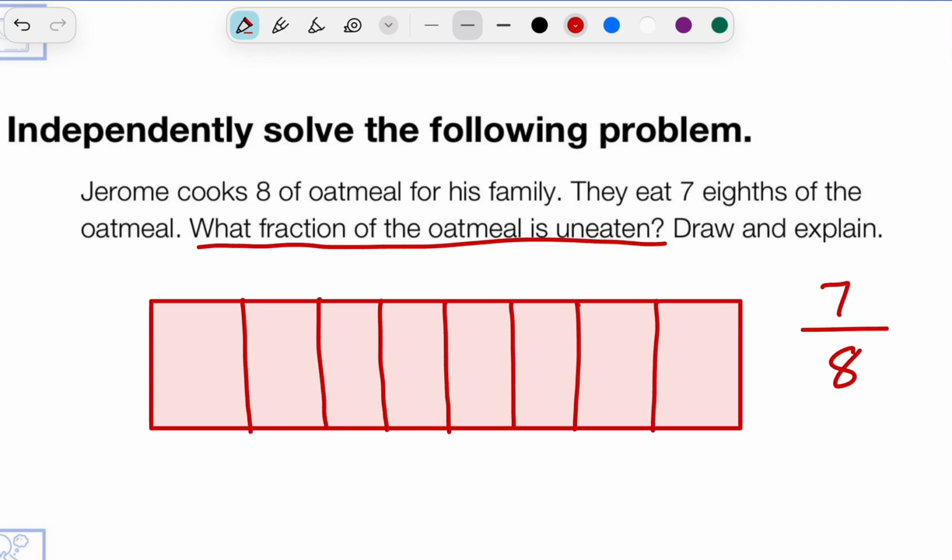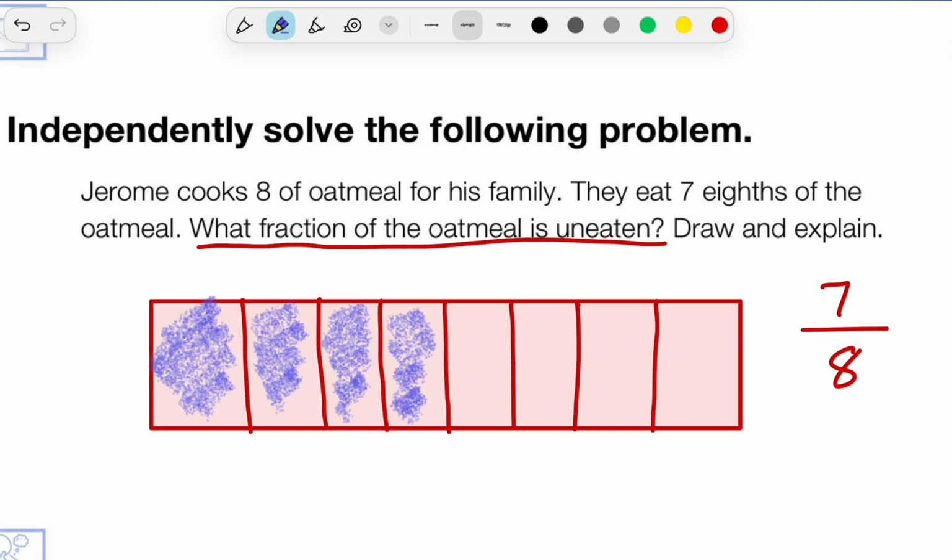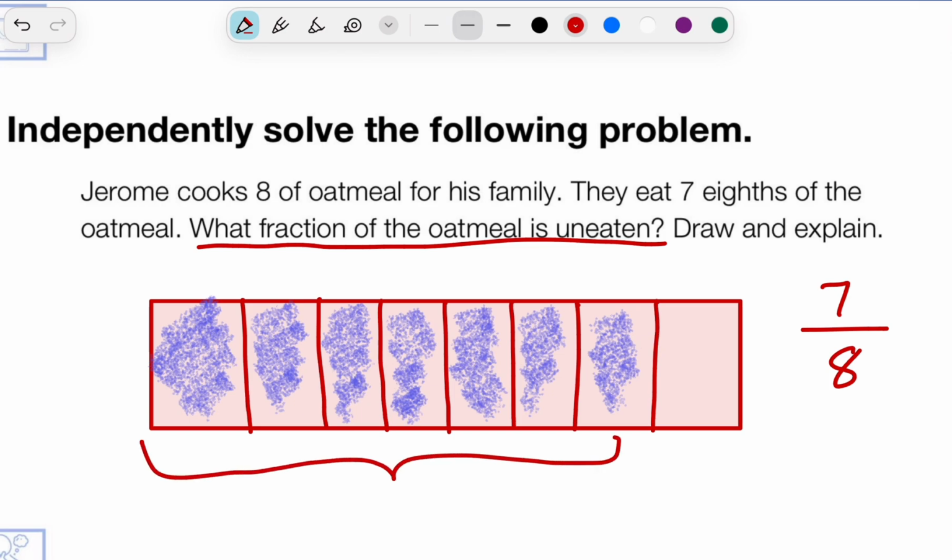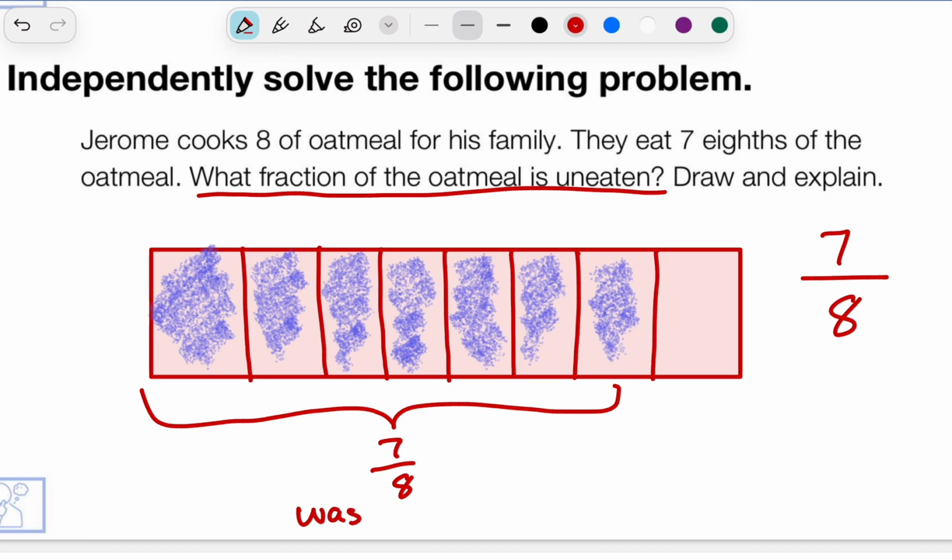Okay, now how much of the oatmeal was eaten? It says that 7 of the eighths of oatmeal were eaten. So I'm going to shade in 1, 2, 3, 4, 5, 6, and then 7. So now I can go ahead and bracket this up to say that 7/8 was eaten.